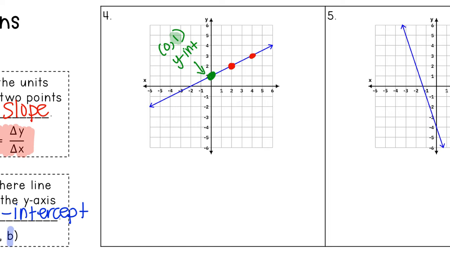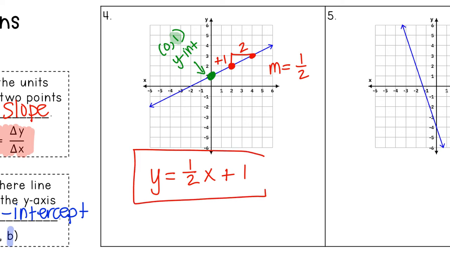So there's a bunch you can pick from. It looks like I have to go up 1, so that would be positive 1, and then across 2. So the slope is positive 1 over 2. Now all I have to do is put those things together. y equals, slope goes first, so 1/2 x, and then our y-intercept was positive 1, so plus 1. That's the equation for that graph.